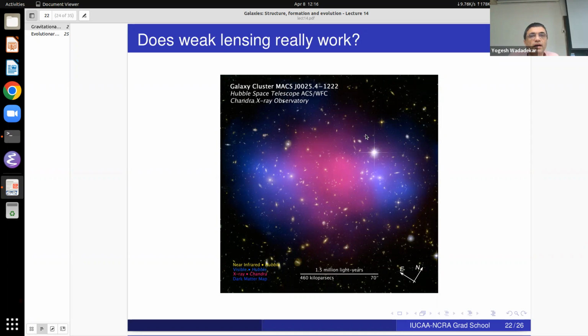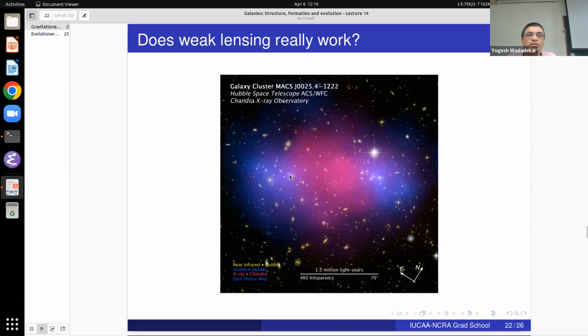Okay, does weak lensing really work? Again, for some clusters you can build weak lensing models. This is an example of a cluster where there's no strong lensing, no arcs were seen, only weak lensing was there. And this is the weak lensing mass model for this cluster.